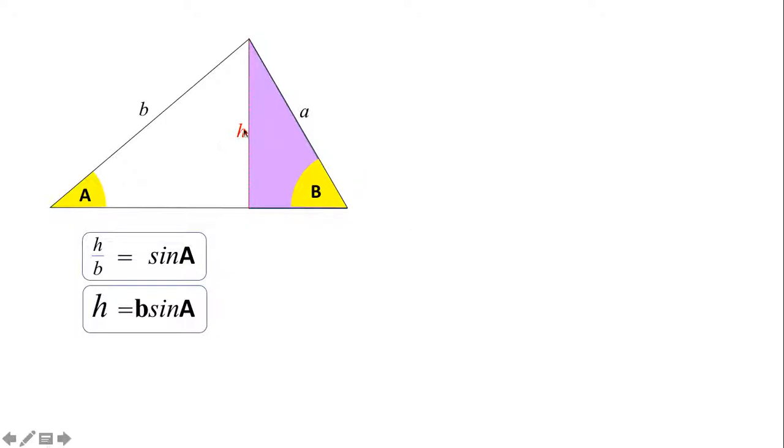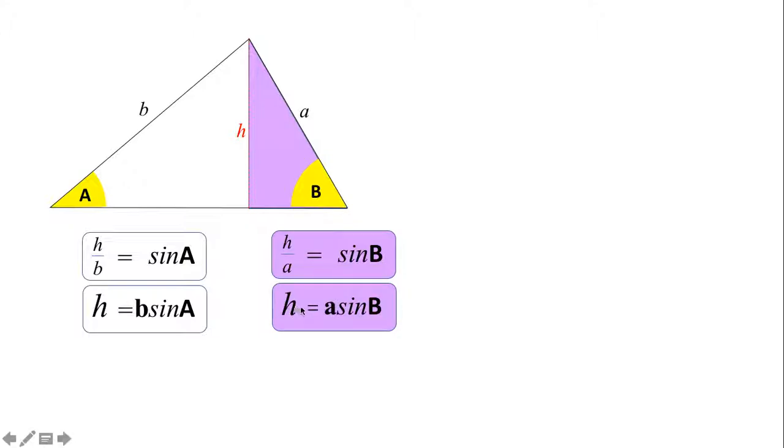So because we've got the opposite and the hypotenuse, we can say that H over A equals sine B. That's just the definition of sine, opposite over hypotenuse. So since H over A is sine B, if I multiply both sides of that by A, I get H equals A sine B.